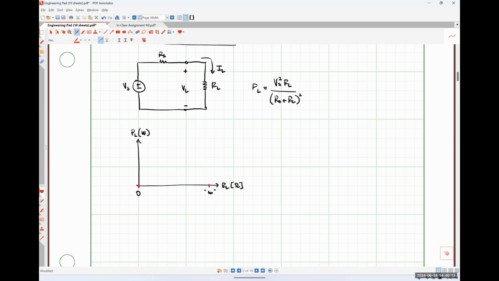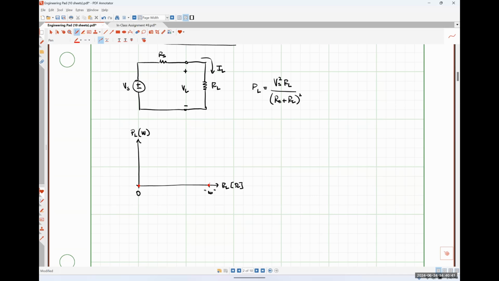Similarly, over here at RL equal to infinity, that means there's no current flowing through our load resistance. And so therefore, there's no power being absorbed by the resistance either. So no current means no power, no voltage means no power. And then everywhere between these 2 points represents literally every possible value that the resistor could ever have.